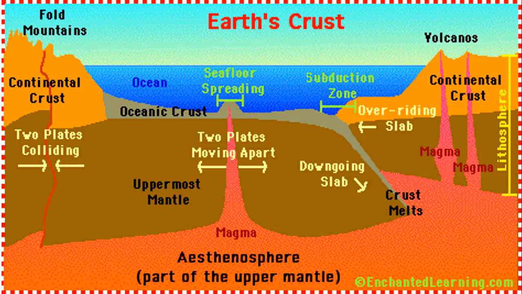As you can see in this picture, the gray oceanic crust originates in the center where the two plates are moving apart and magma rises to form new oceanic crust. This causes seafloor spreading as well.